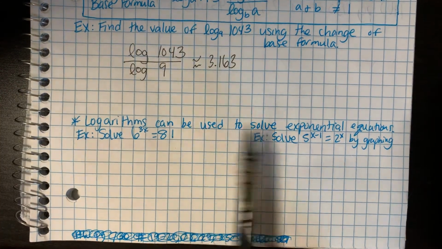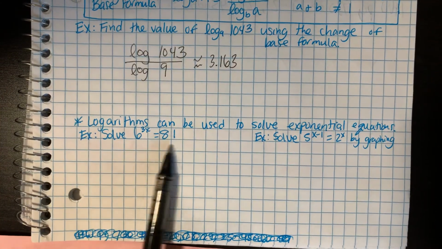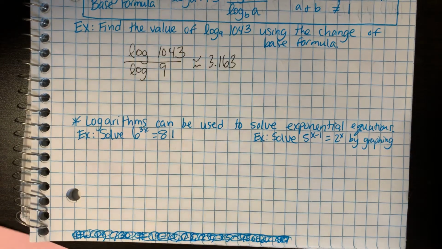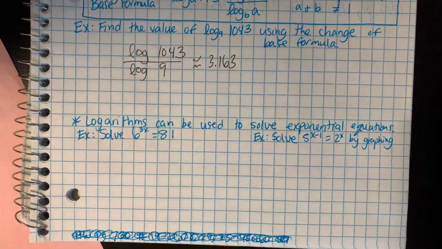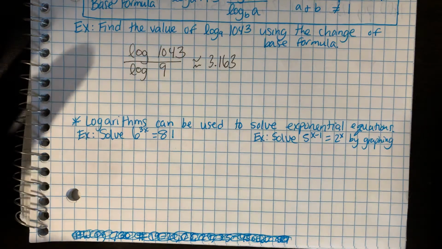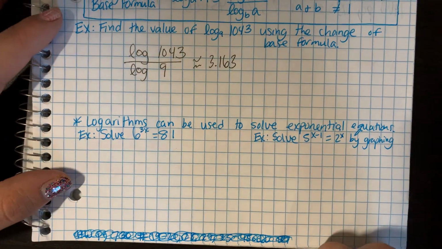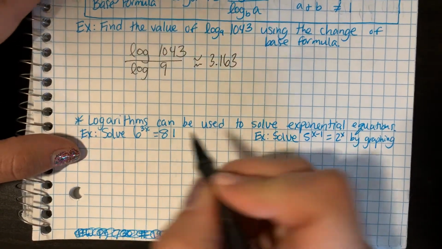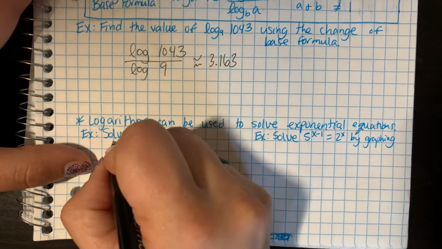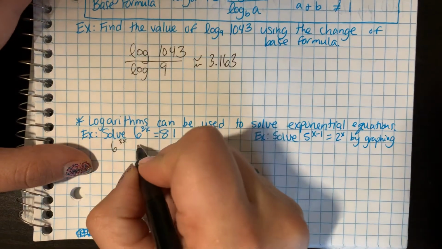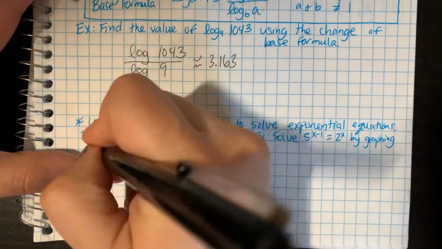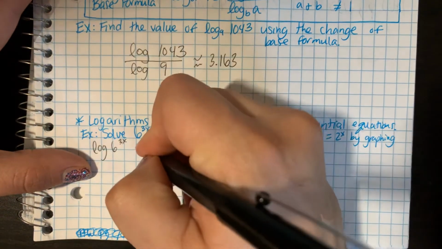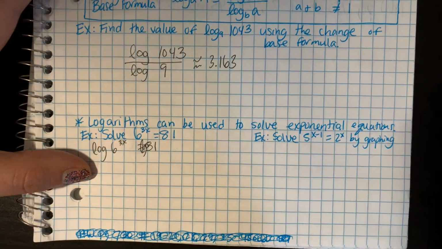Logarithms can be used to solve exponential equations. So here's our exponential equation. We are going to use a logarithm to solve this exponential equation. Okay? So what we're going to do is, to get rid of this exponent, we are going to take the log of both sides. So we're going to go log of that, log of that.